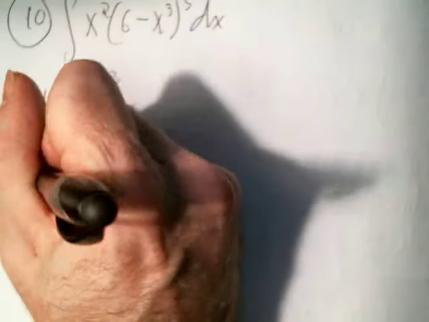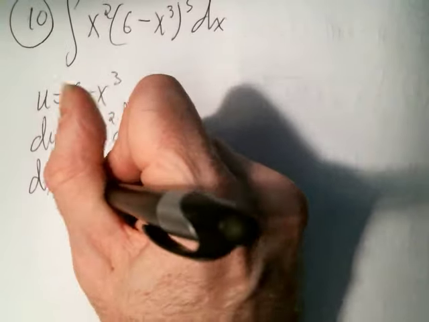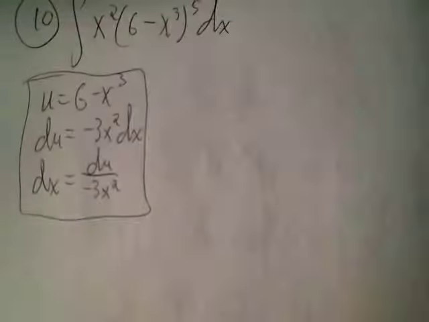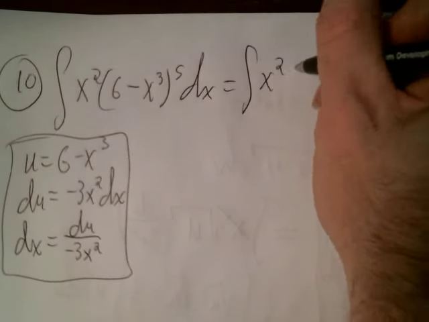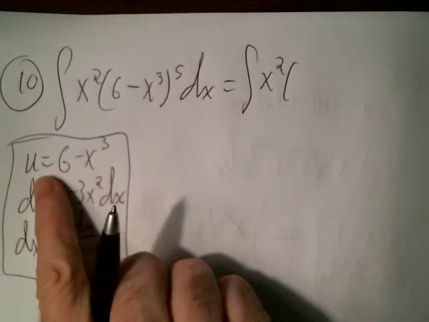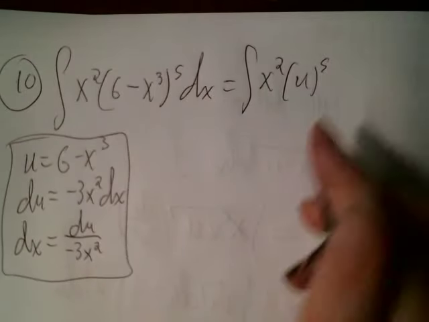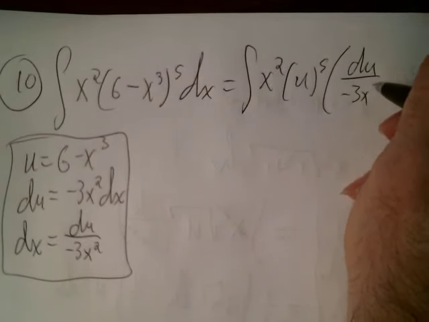And you can solve for dx to do your sub. So du all over negative 3x squared. Okay. So this will be the integral of x squared times, I'm replacing this with u, so I'll have u to the 5th, and then I'm replacing dx with du all over negative 3x squared.